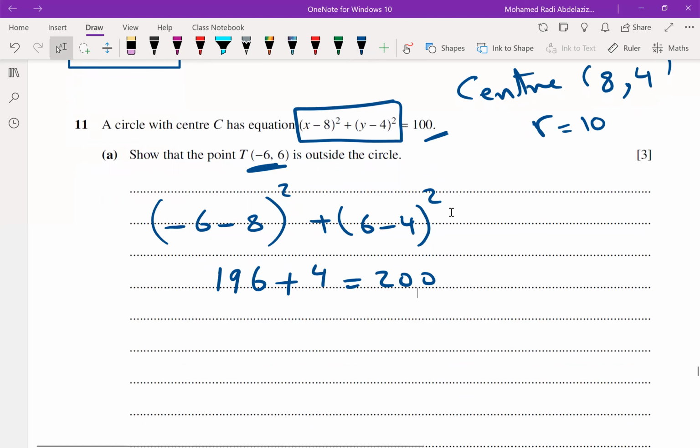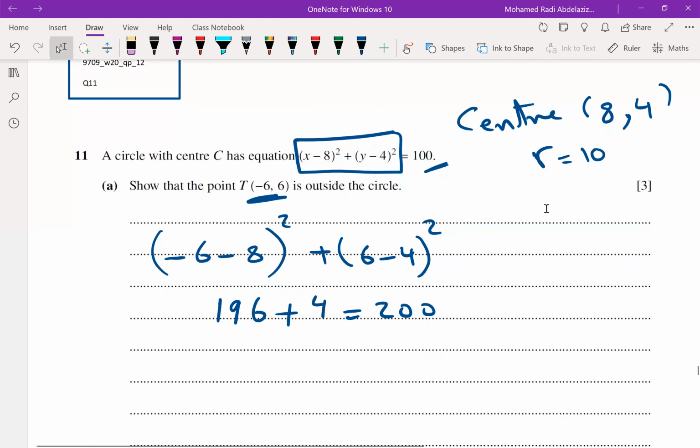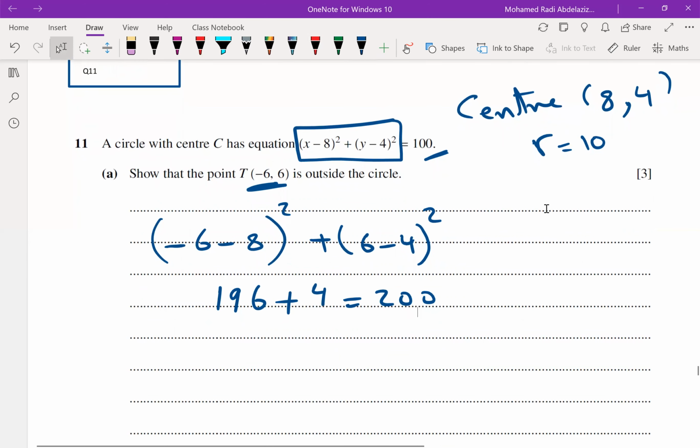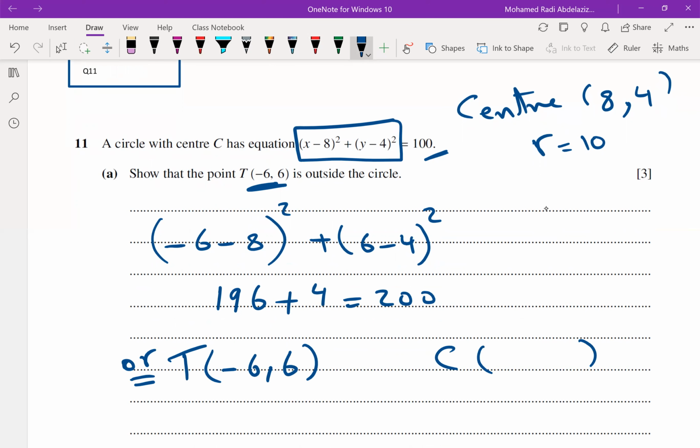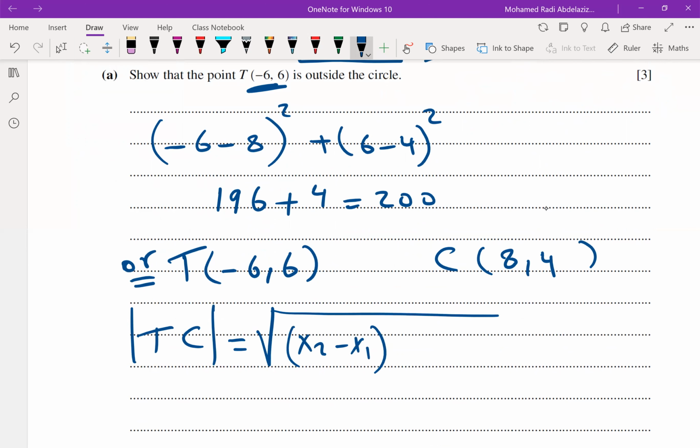This means the distance between the point and the center is more than 10. Or you can find the distance between point T, which is already given as -6 and 6, and the center of the circle, which is 8 and 4, by applying the distance formula, the square root of x2 minus x1, the whole squared, plus y2 minus y1, all squared.